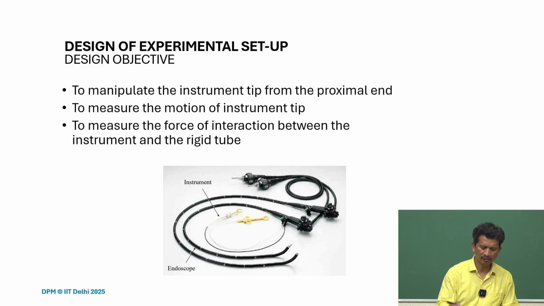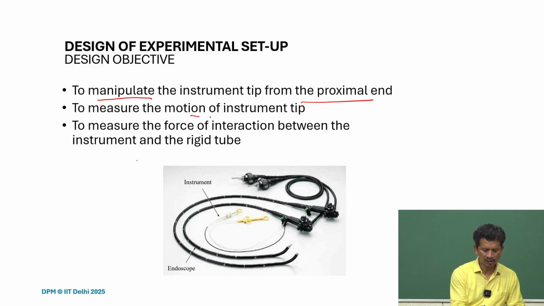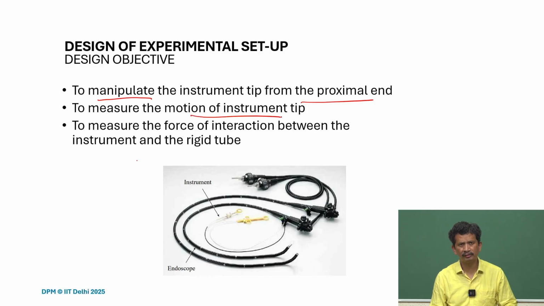So the design objective for the setup was to manipulate the instrument from the base, the proximal end, and from outside. So the rotation or translation we can provide to the instrument. At the same time, we also want to measure the tip motion.